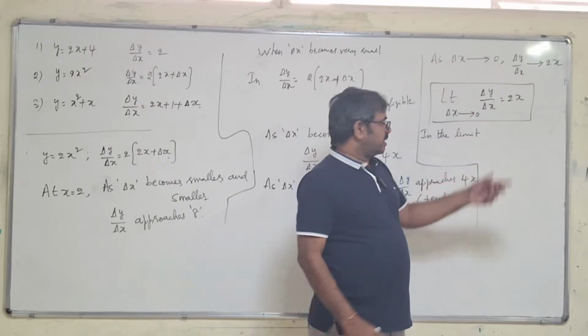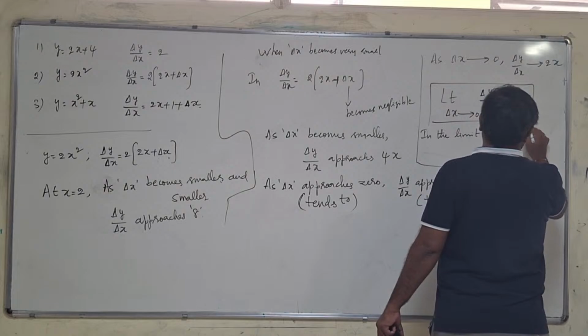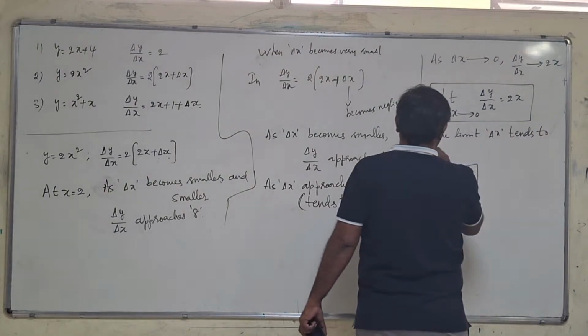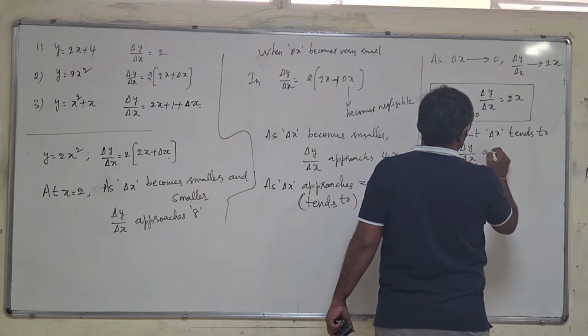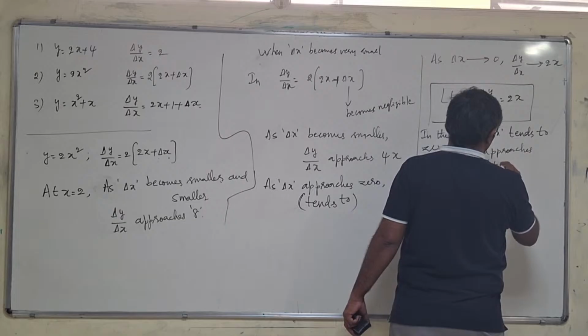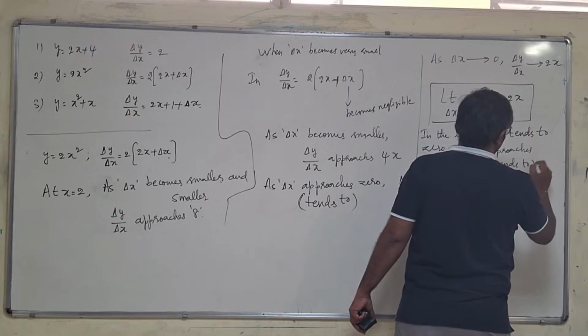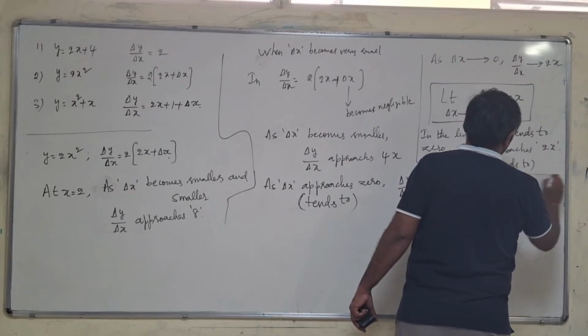In the limit delta x tends to 0, delta y by delta x approaches or tends to 2x.